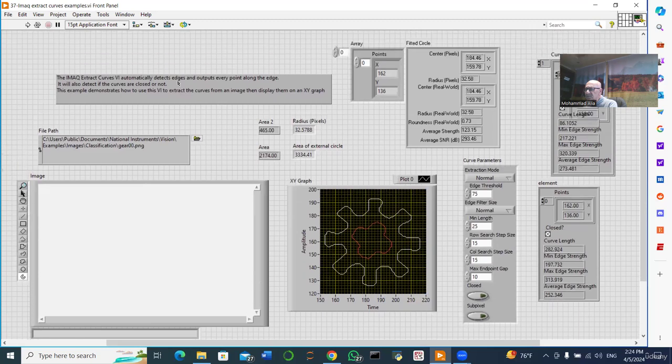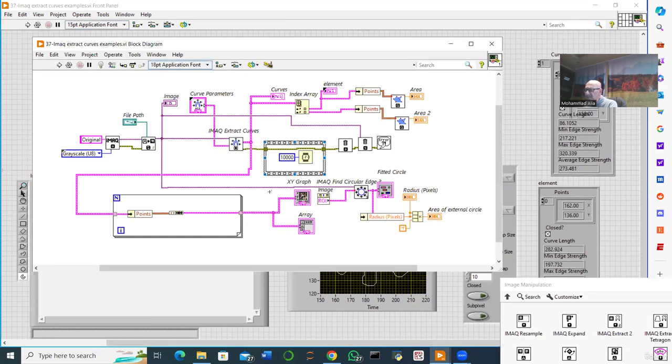Okay, so if we go to the block diagram here, we use the IMAQ Extract Curves function. We feed it the image of interest. At the output, we get an array of clusters here.